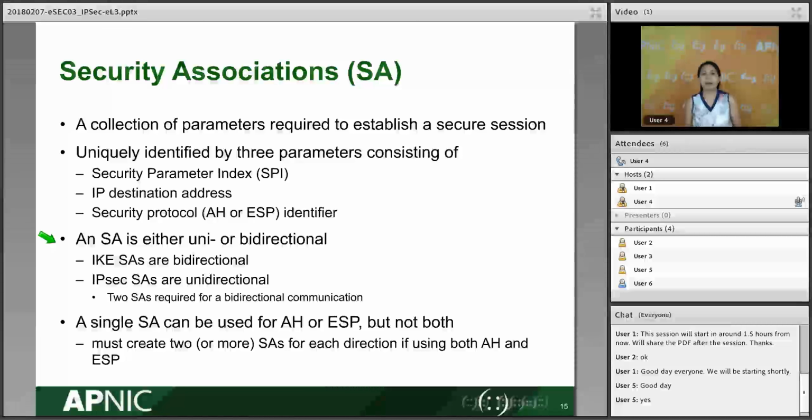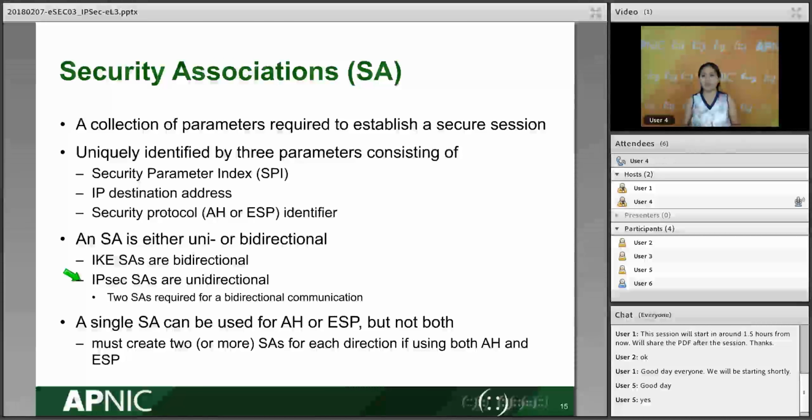An SA can be either unidirectional or bidirectional. You'll see this in the next slide, but there are two phases in IKE. You have phase 1, which is the IKE phase, which has IKE security associations. This one is bidirectional. During the second phase, however, which is your IPsec phase, you have IPsec security associations, and this one is unidirectional.